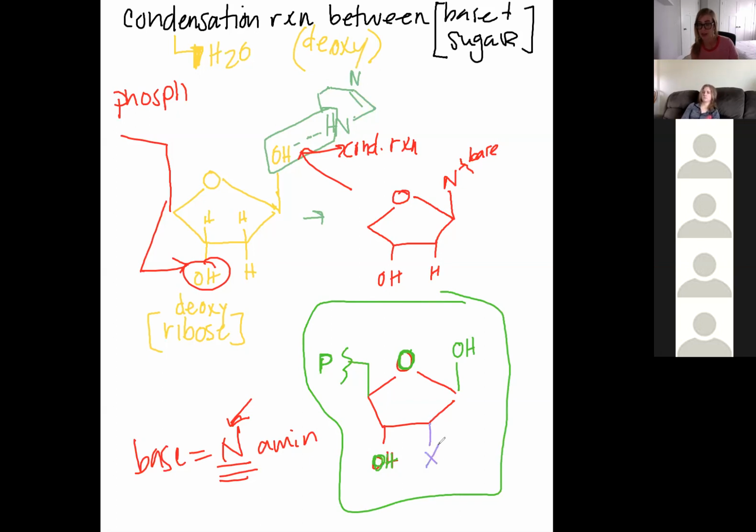I'm going to put an X here. This will always occur. You'll always have some sort of phosphodiester bond via condensation, and you always have to attach some sort of base on this OH via condensation. That's how we create that nitrogenous base, and there's the phosphate. So this is the only thing that changes.